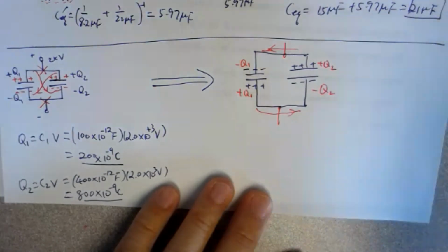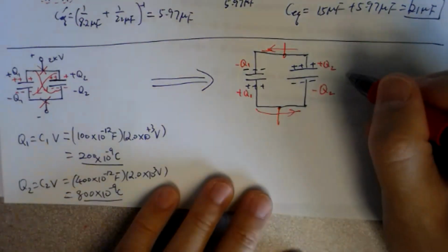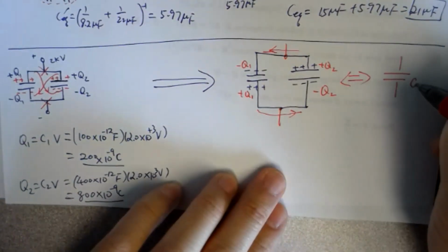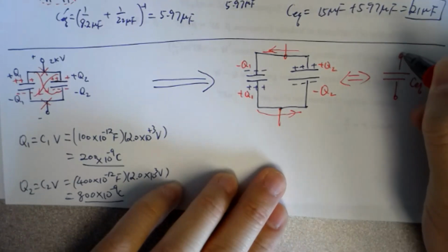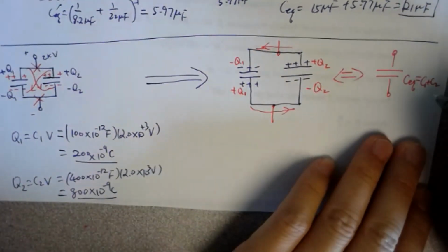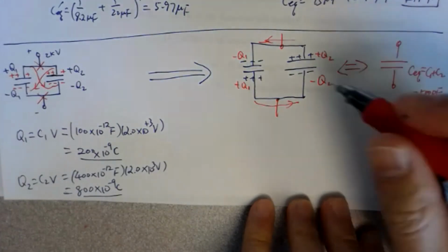If they're in parallel, we can treat this as an equivalent capacitance CEQ of the two in parallel, which should be just C1 plus C2. That would be 500 picofarad. Now we are looking for the voltage across.